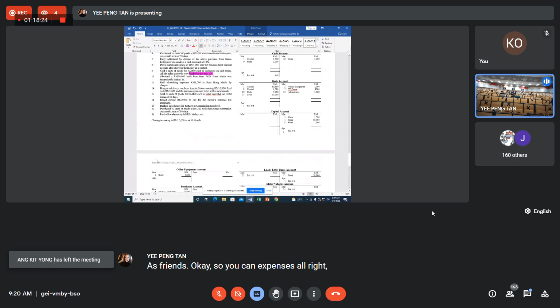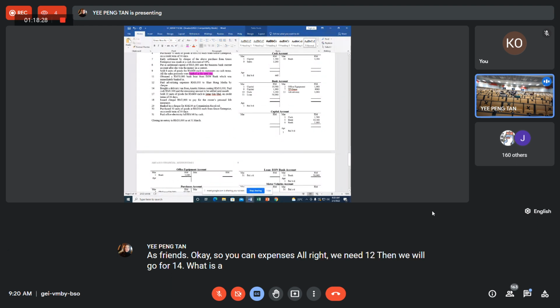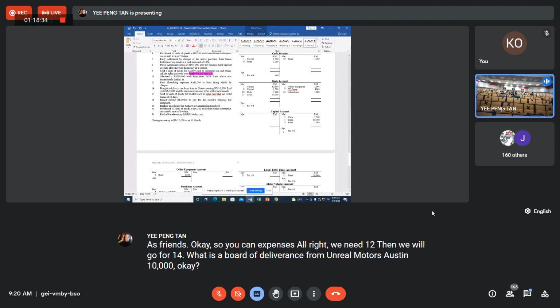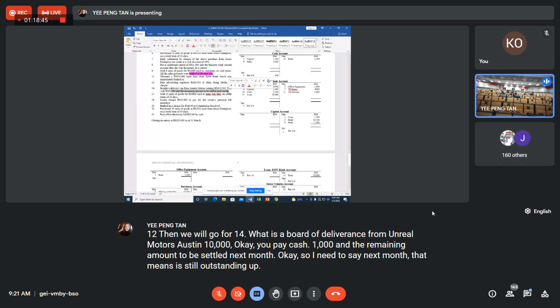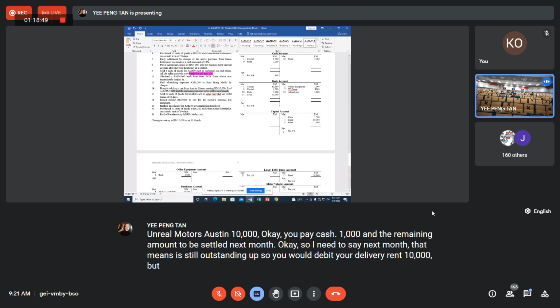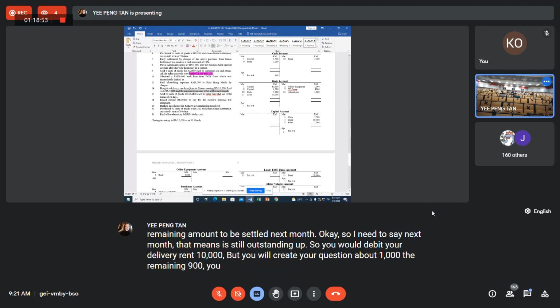All right, we are done with 12, then we go for 14. 14 is about a delivery van from Amrita Motors costing 10,000. You pay cash 1,000 and the remaining amount to be settled next month, so it's still outstanding. You will debit motor vehicle 10,000, but credit your cash 1,000. The remaining 9,000 you will owe to Amrita Motors.